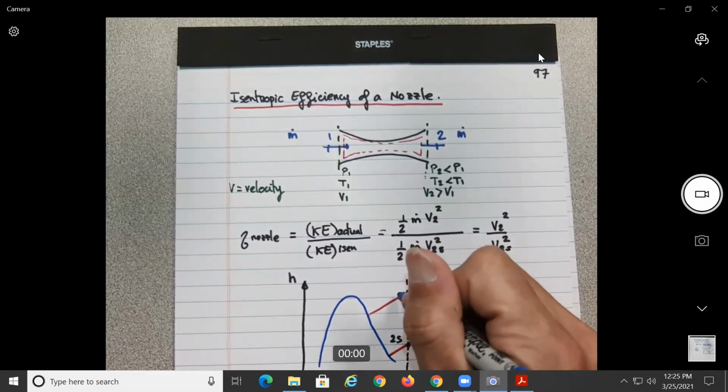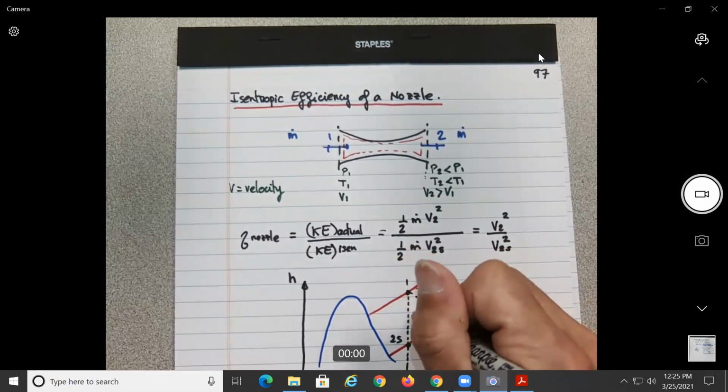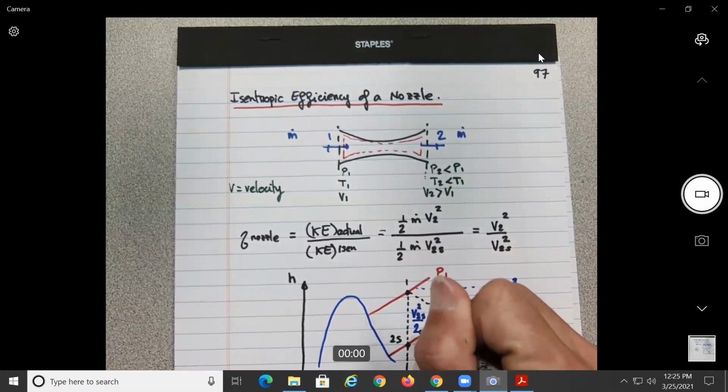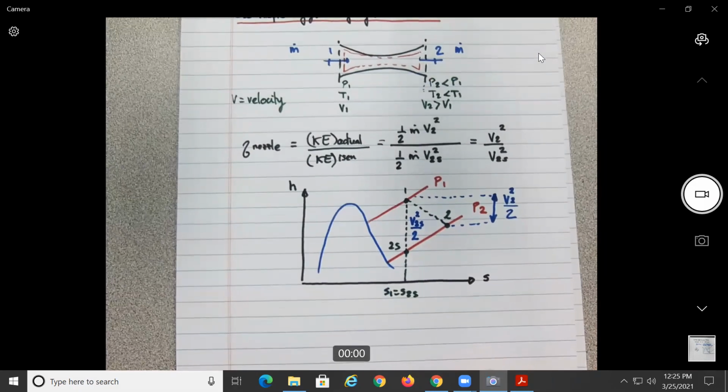And this one here should be the V2s square over 2. That figure is not that important in this case. Okay, so for today, we're going to stop over here.